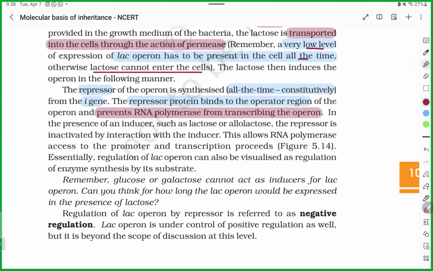So RNA polymerase will not work and transcription will not happen. In presence of inducer, the inducer can be lactose or allolactose. The repressor will be inactivated by the inducer. RNA polymerase will get access to the promoter region and transcription will proceed.